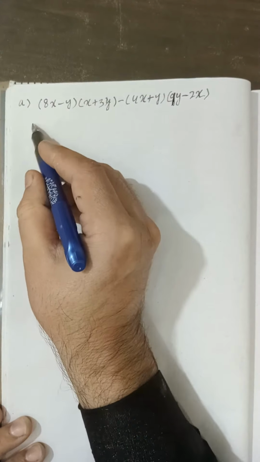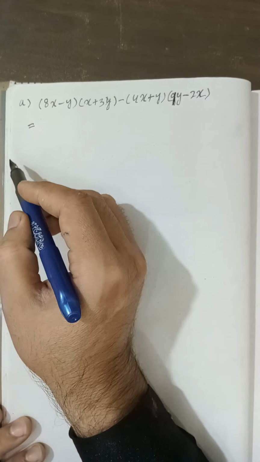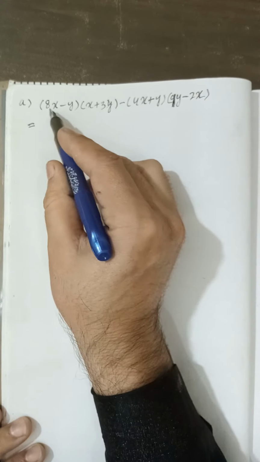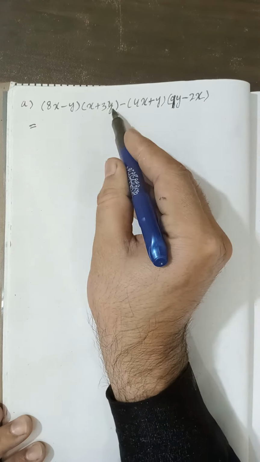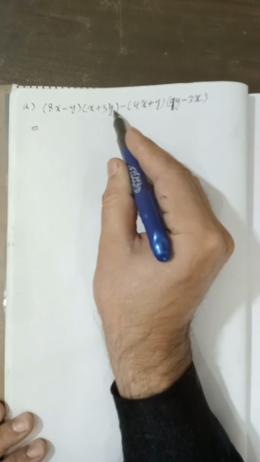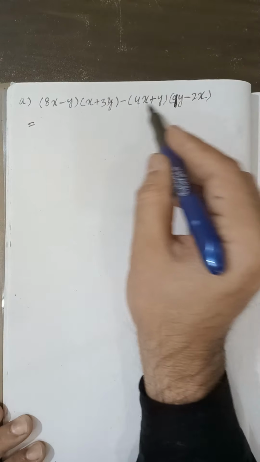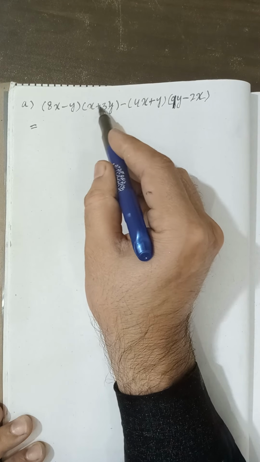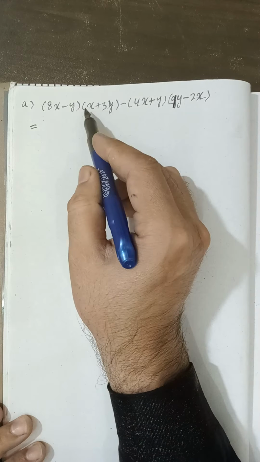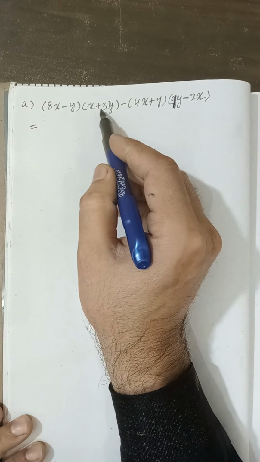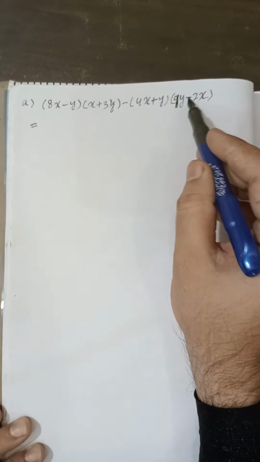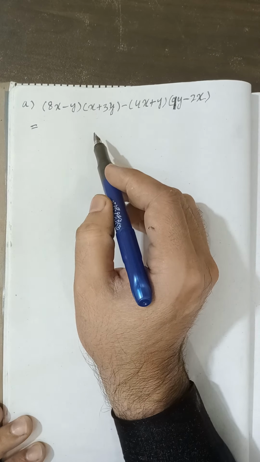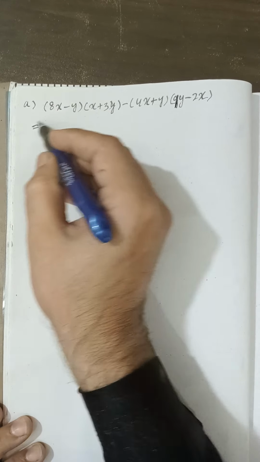Now you can solve it separately because here are complex two terms, one term is this and one term is this, and it has two expression, one is this and one is this. We have to multiply these two together and then these two together, and then we will subtract all together.